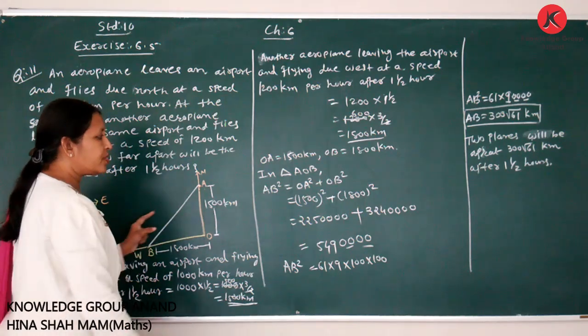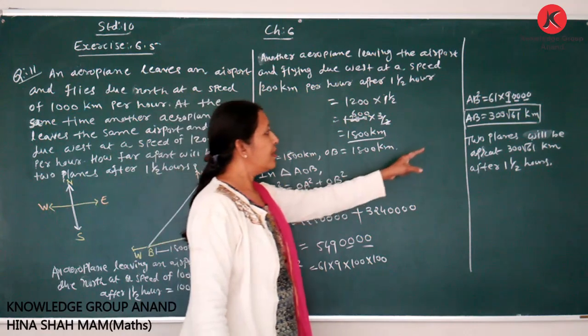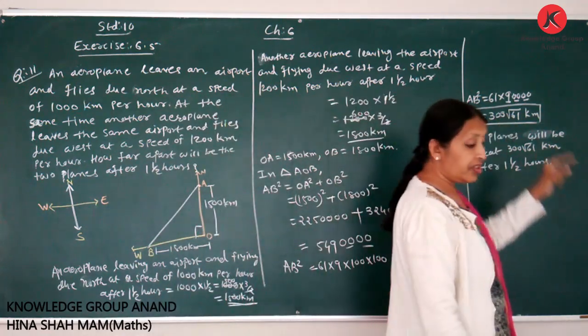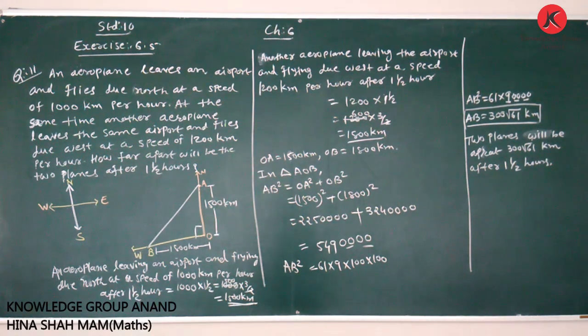Taking Pythagoras rule, they get 300 root 61 kilometer apart after 3 by 2 hours.